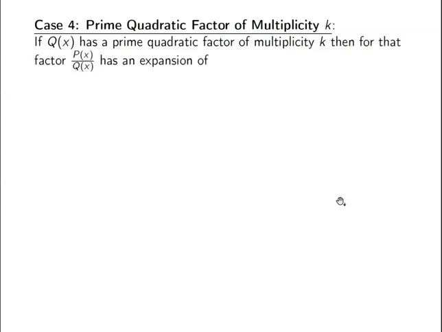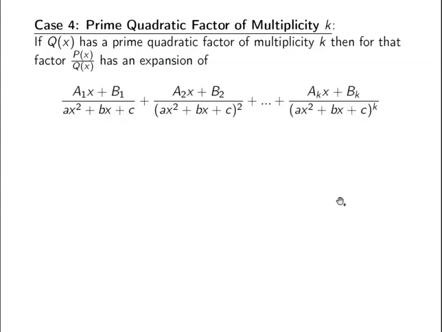So case 4 is that our prime quadratic factor has a multiplicity of k. So if q can be broken down to a prime quadratic, then it looks like this. Again, we have a1x plus b1, some constant times x plus a different number.